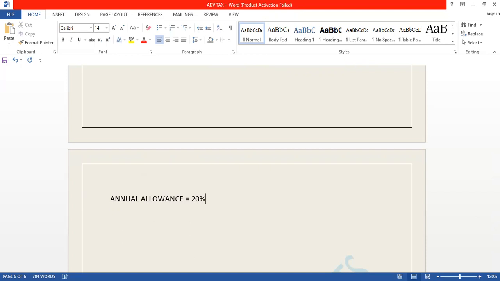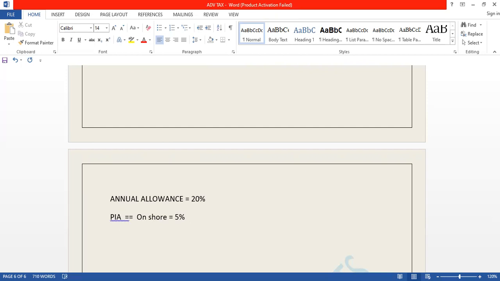Let me give that hint here. Okay. Then for the petroleum investment allowance, it's supposed to be onshore. Onshore is 5%.